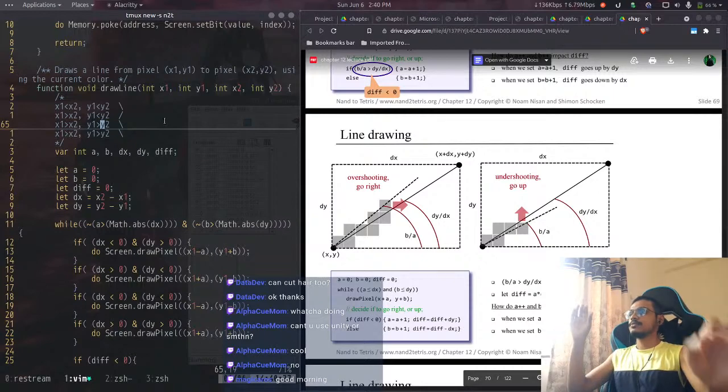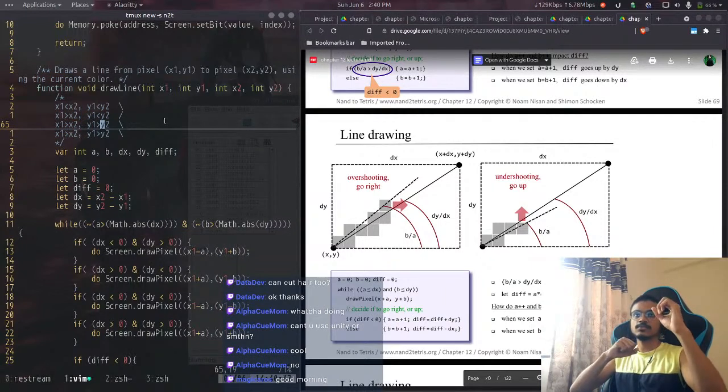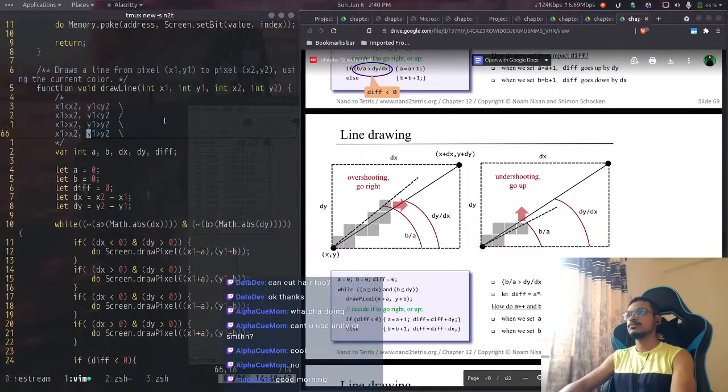x1 and y1, x2 and y2. We need to figure out a case where the line is going this way, where x1 y1 is here, x2 y2 is here. So where y1 is greater than y2, but x1 is less than x2.